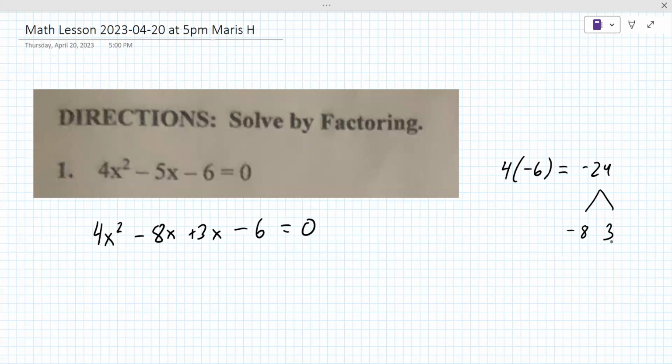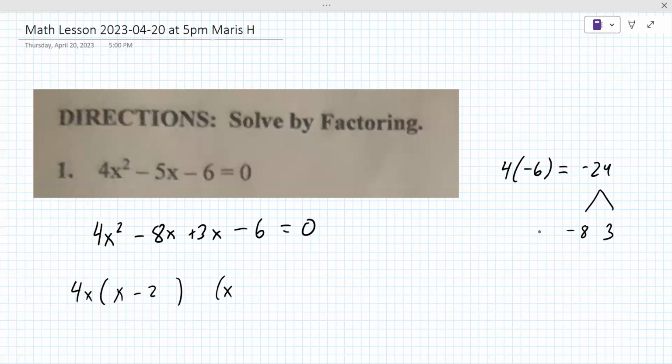Very good. And then you're now finding the GCF of the first two terms, the number and the variable combination that goes into both. 4x. Okay, 4x comes out, and inside parentheses is x minus 2.